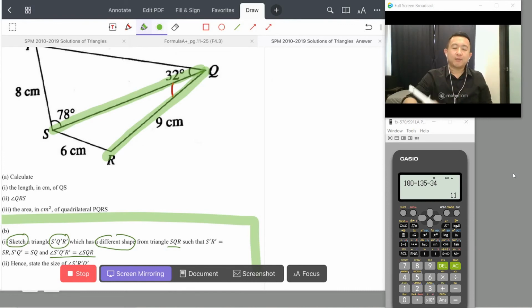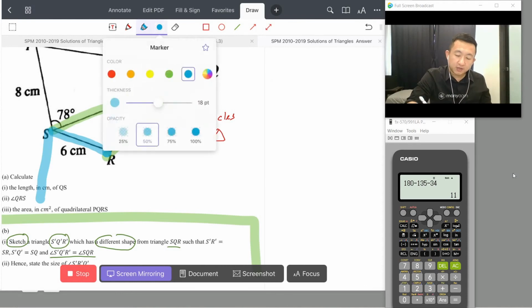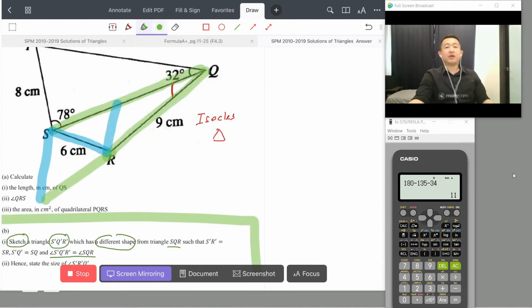So the only side that we can play around with is side SR. Now, side SR, when you move it, you form an isosceles triangle, right? There could be two cases. This could be the case, an isosceles triangle, or this one could be the case. Why? If I draw this one and I extend this line, it is still an isosceles triangle, right? So we do not know which one, case 1 or case 2.